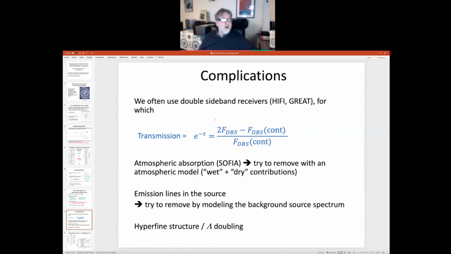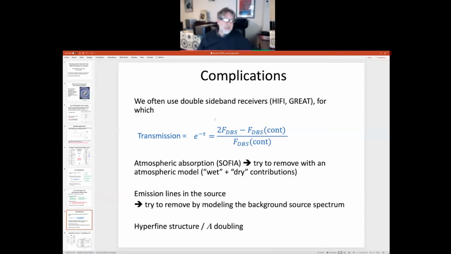The first is that we often use double sideband receivers. That's true for HIFI and for GREAT, where there are basically contributions at any given measured frequency from an upper sideband and a lower sideband, both of which have the same frequency difference from the local oscillator.